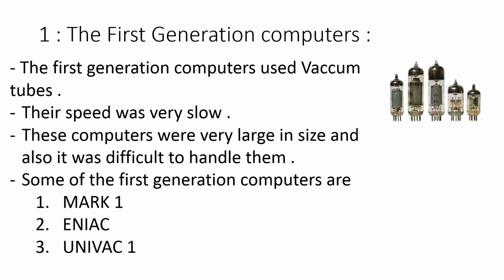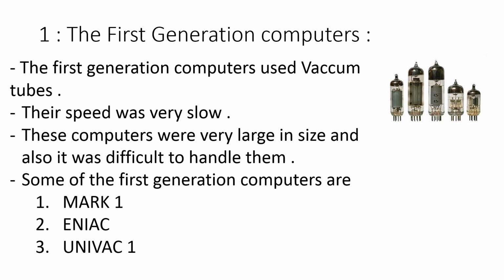The very first topic we are going to study is the first generation computers. The first generation computers used vacuum tubes. Before going to vacuum tubes, let me tell you one thing: you have studied the analytical engine and difference engine in the earlier session, right?